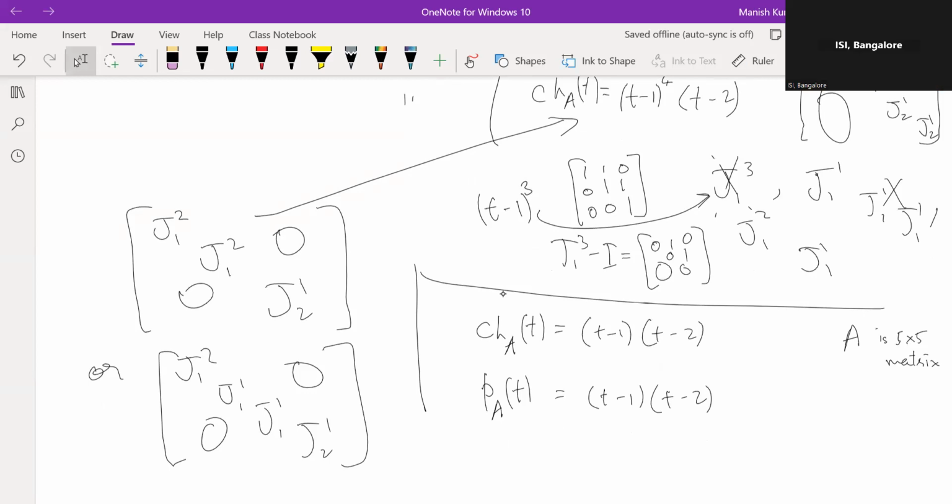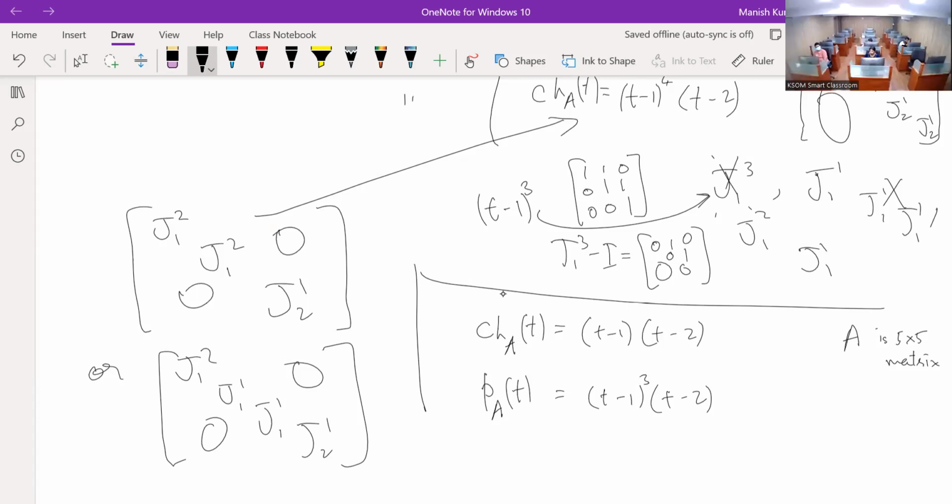Tell me, maybe with the minimal polynomial first. I think it's easier to figure out first with the minimal polynomial. So what should be the exponent of t minus 1? 3. 3, right? Because you want J13 to appear, so it has to be 3, yeah?